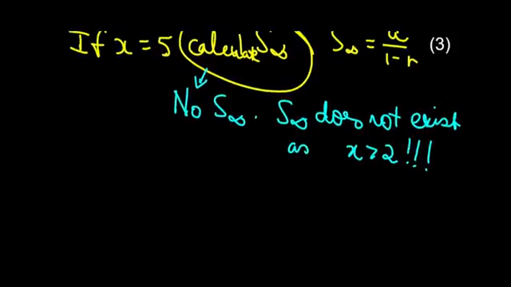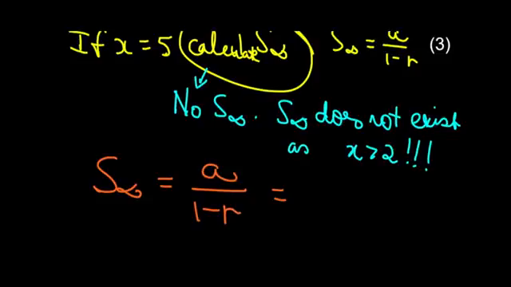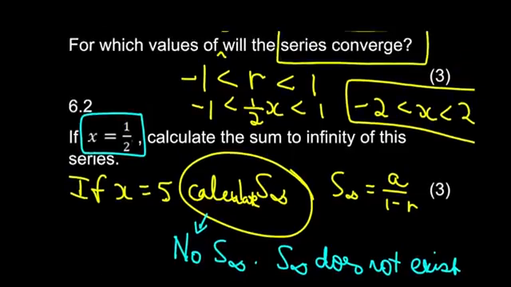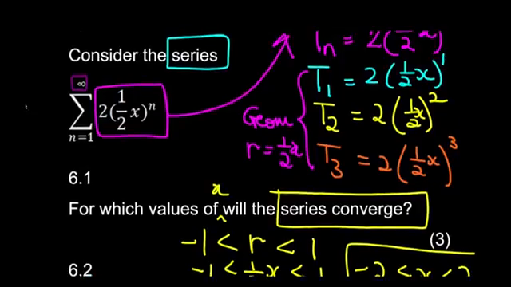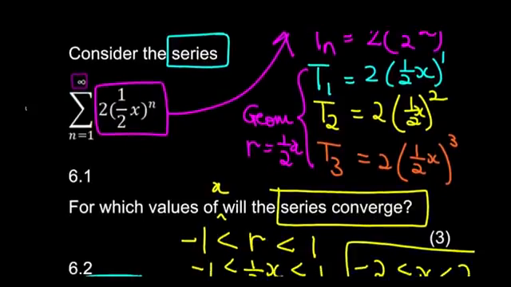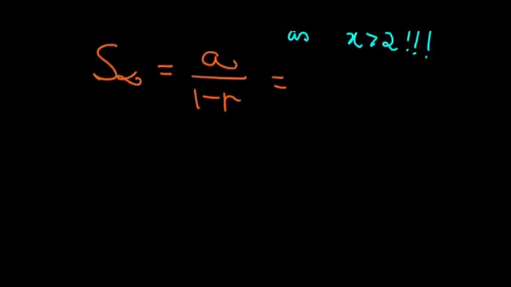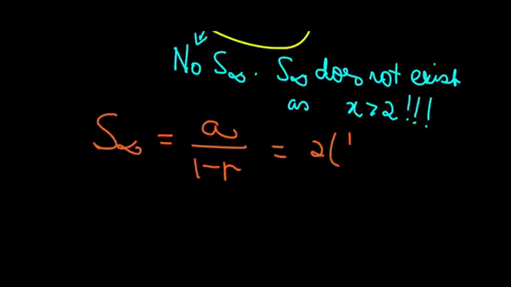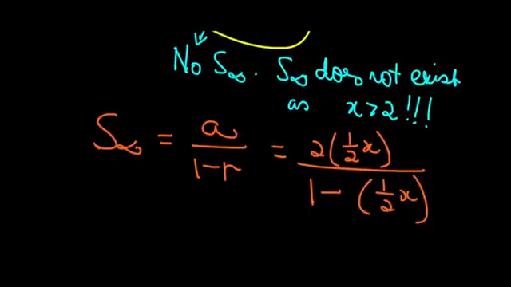So the sum to infinity is equal to a over 1 minus r. And our a is, we've found out already, it's 2 times a half x, and our ratio is 1 minus a half x. And they've said if x is a half.